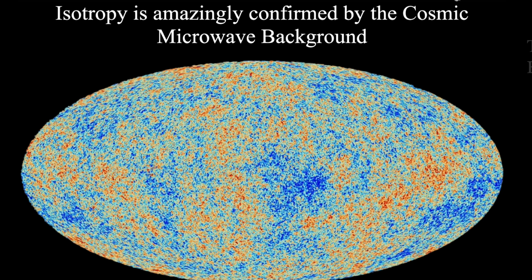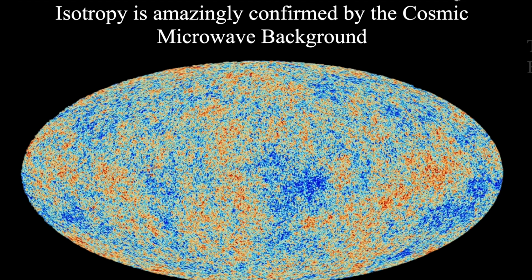It uniformly fills the universe, and the variations in temperature that you see in this map from the Planck mission, released in 2018, are small. These differences in temperature between the red and the blue are 1 part in 100,000, and they become the seeds for large-scale structure and galaxy formation later in the universe's history.